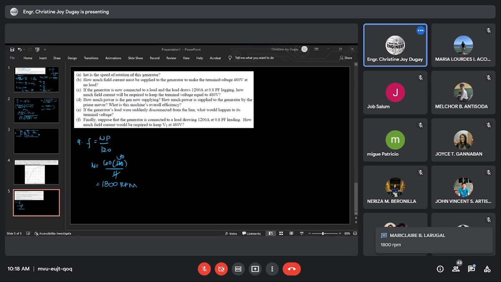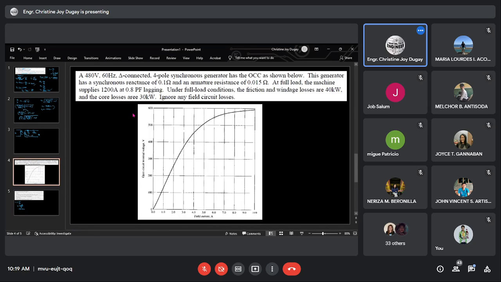Yes. Next, how are you going to solve for the field current that must be supplied to the generator if the terminal voltage is 480 at no load? Let us go back to the given, at the figure. The terminal voltage is on the side, and this one is the field current.